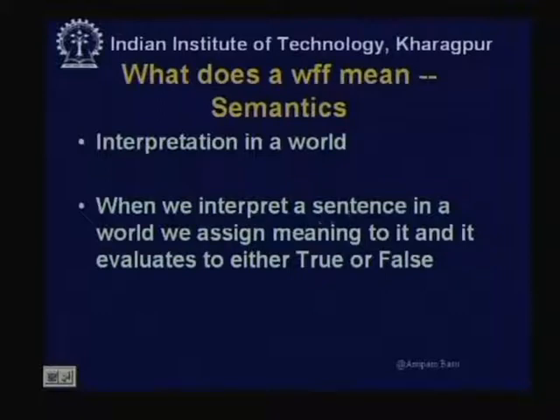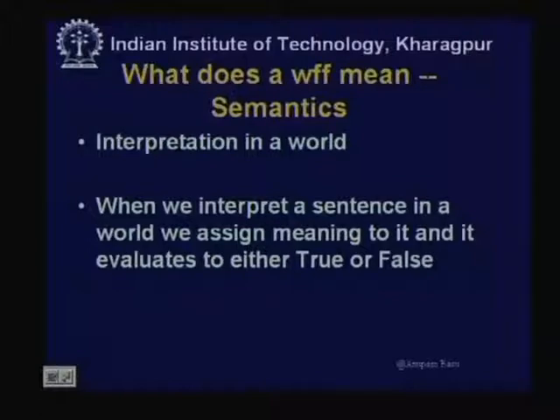When we interpret a sentence in a particular world, the world can be the world of a football match, the world of a cricket match, the world of a picnic, the world of a classroom. All these are different worlds, and each of these worlds has some known relations, some known functions, and some interpretations that we give in the particular world. What is true in this world may not be true in another world.